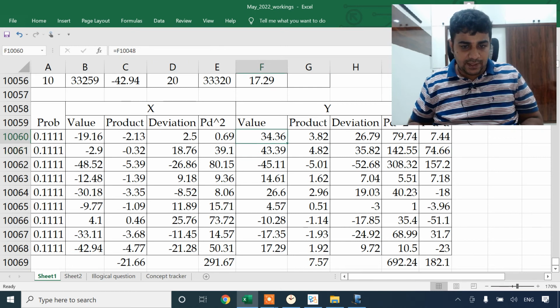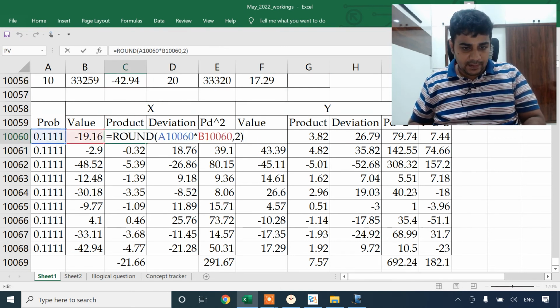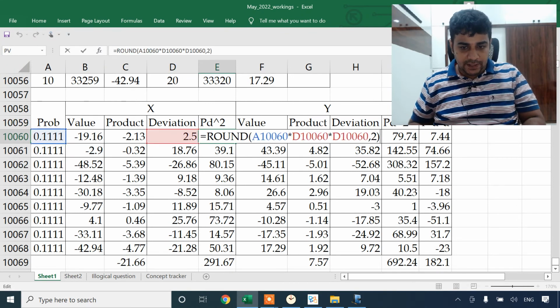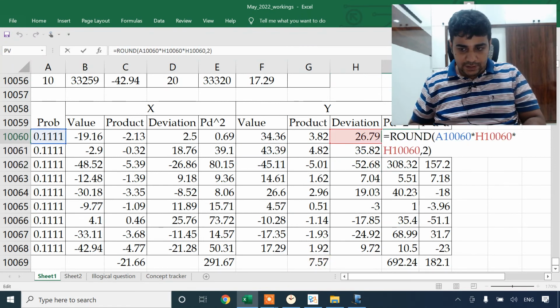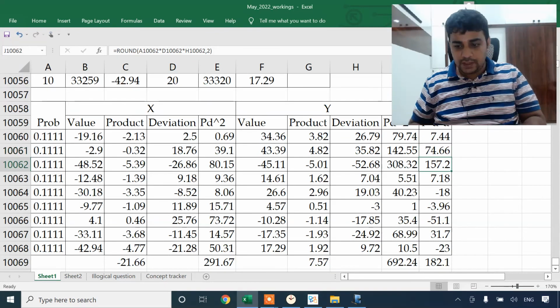Let me quickly check these numbers. 19 product, sum of the product deviation is... okay. Probability into deviation, again values product deviation, probability into deviation. Okay, should be right.